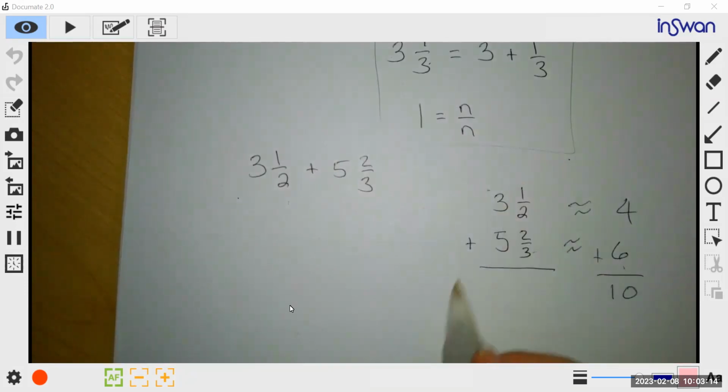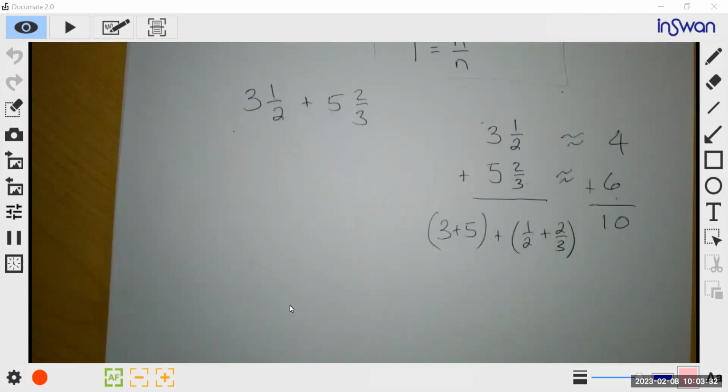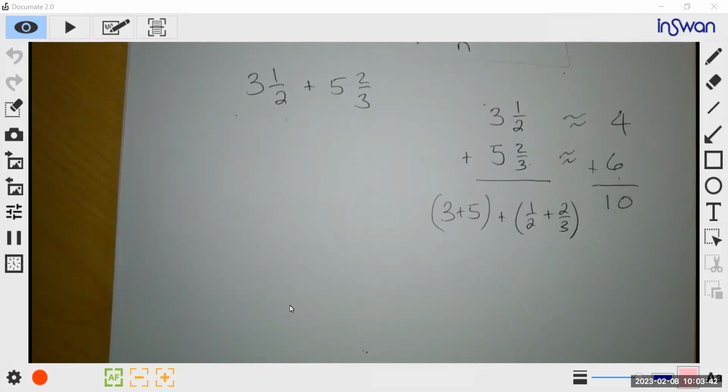Now, when you do these, the first thing we do is we add the integers. Then we add the fractions. Three plus 5 is 8.